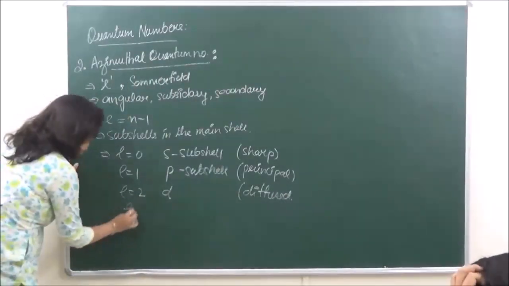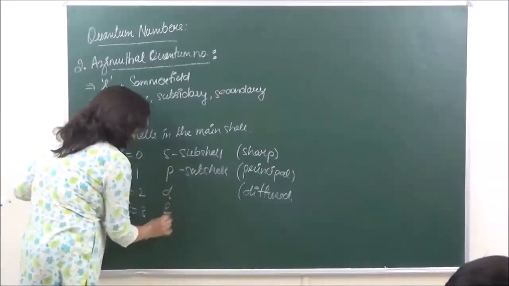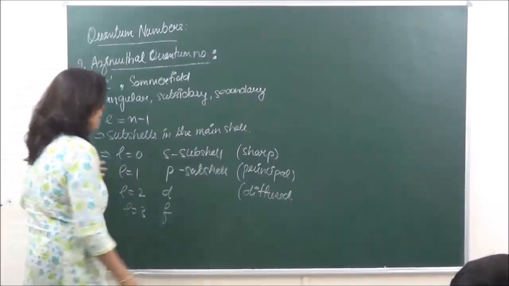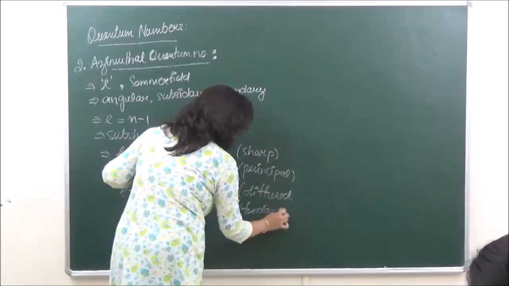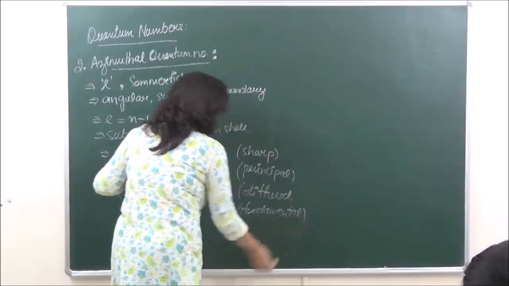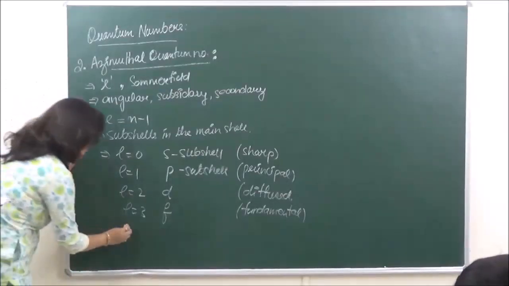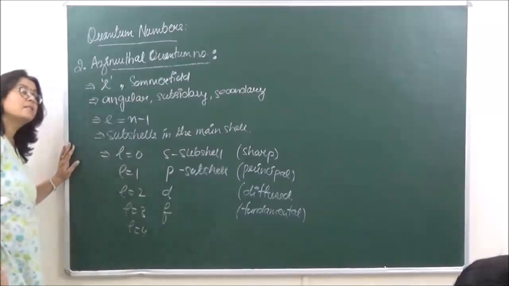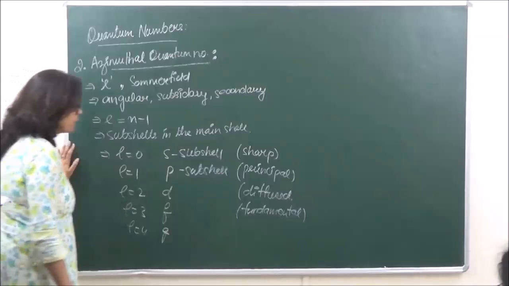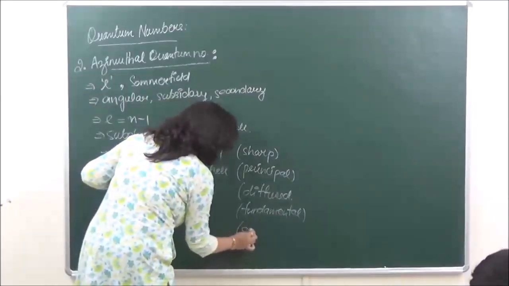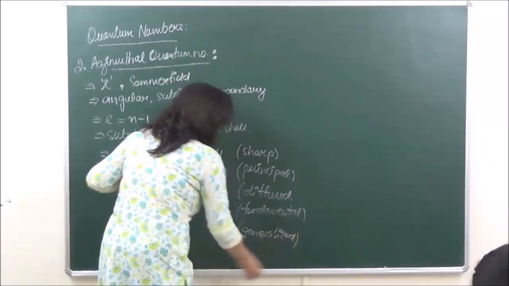And if L is equal to 3, the subshell present is F, and F over here means fundamental. Right? And last, which is hypothetical, if L is equal to 4, the subshell present is G, and G over here means generalized.